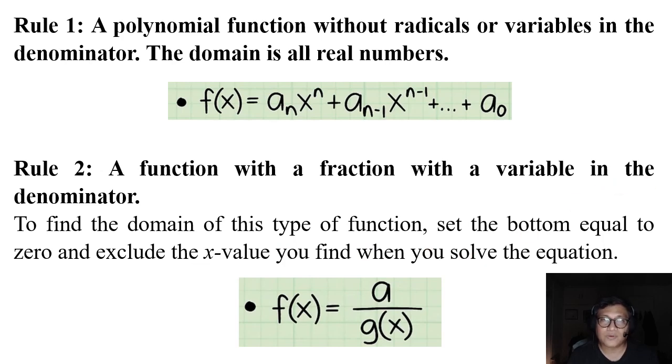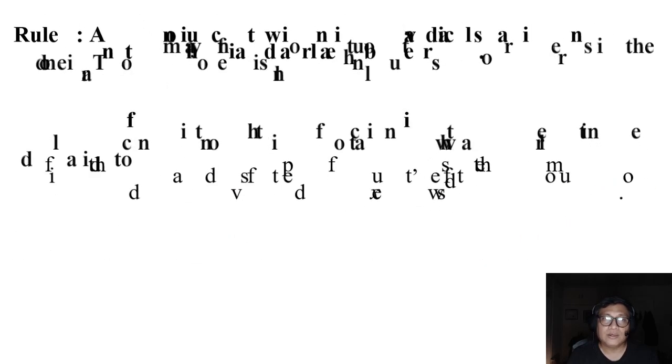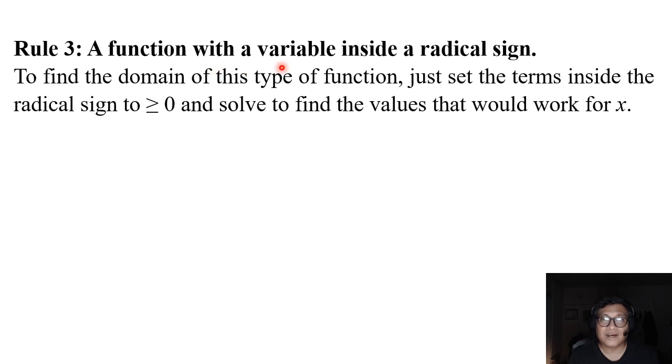For rule number 3, if a function has a variable inside the radical sign, especially a square root, then to find the domain, we simply set the radicand, the terms inside the radical, greater than or equal to 0, then solve for the value of x, and that would be the domain of the function.